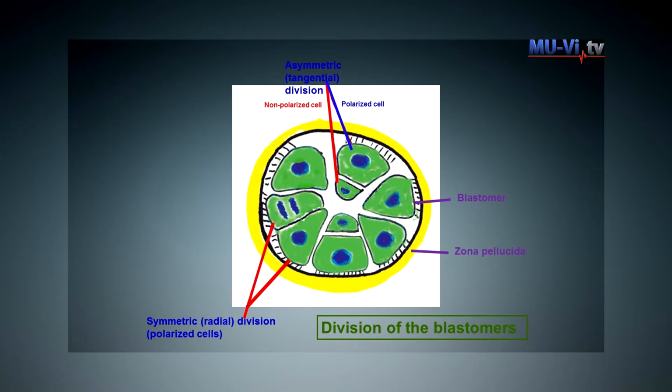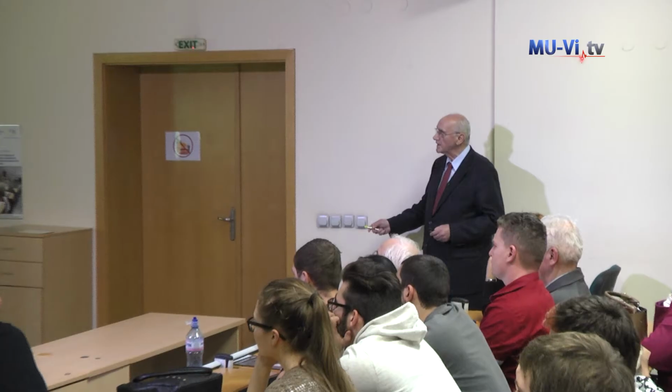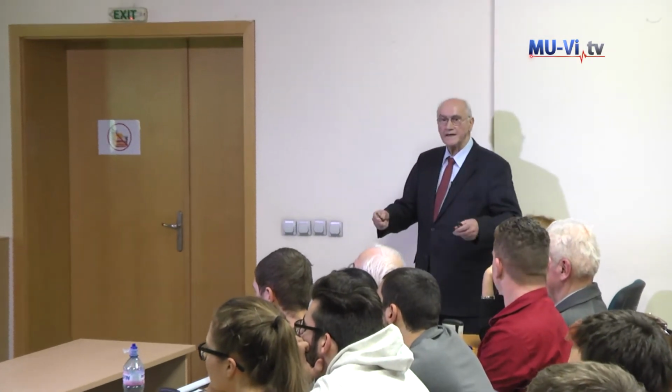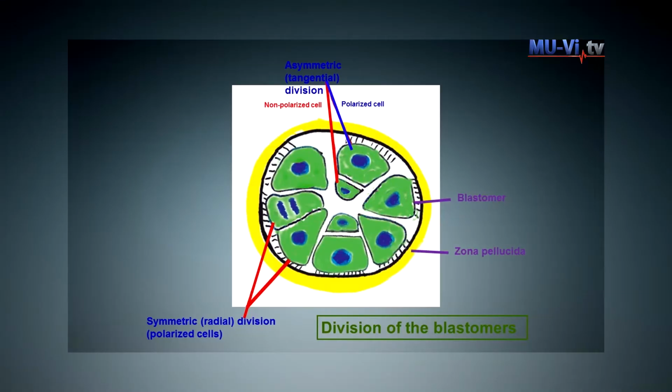In this, one cell remains connected with the basal lamina or with the zona pellucida, and the other cells migrate into the inner part of the blastocyst, and these are the cells which then build the so-called epiblast.